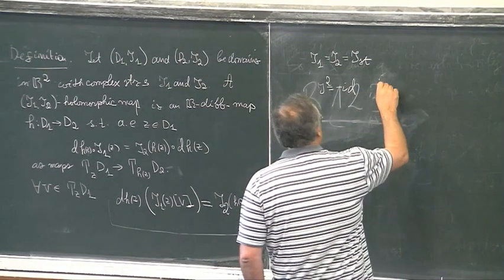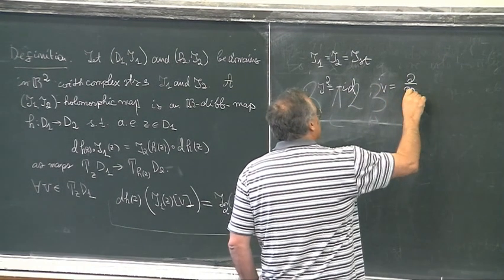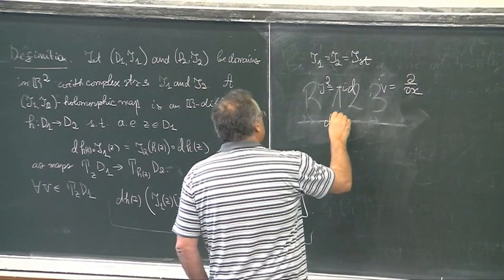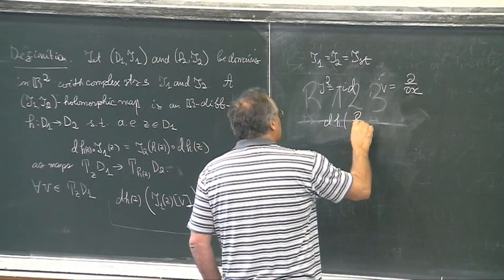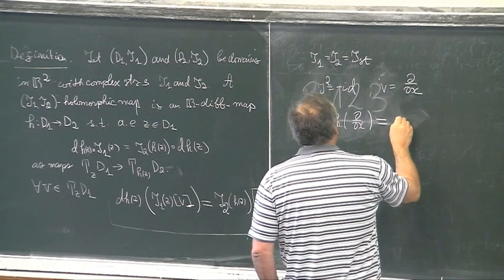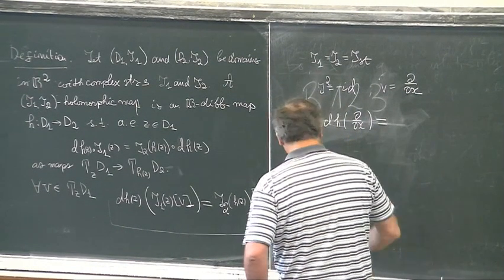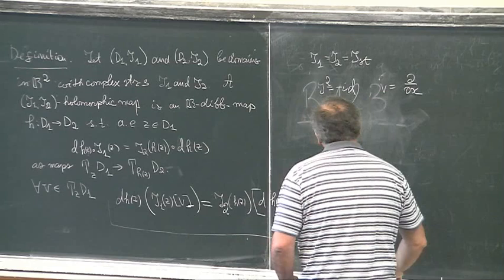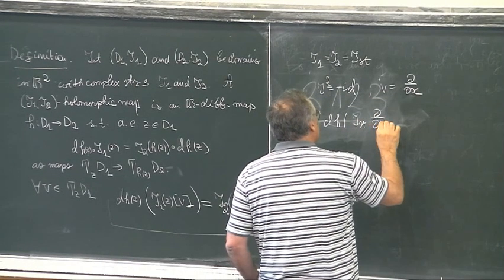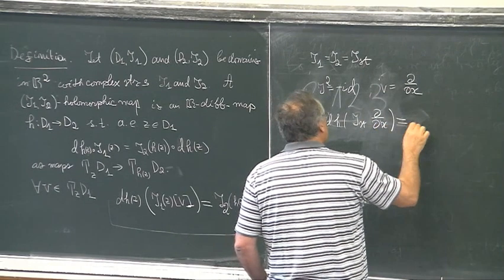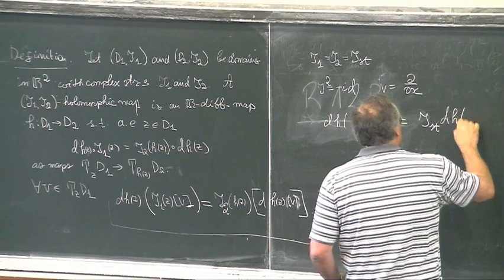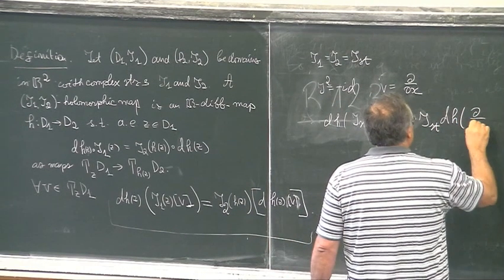So let us take as vector v, d over dx. And then we have that dh on d over dx should be equal to J standard applied to d over dx, should be equal to J standard applied to the vector dh of d over dx.